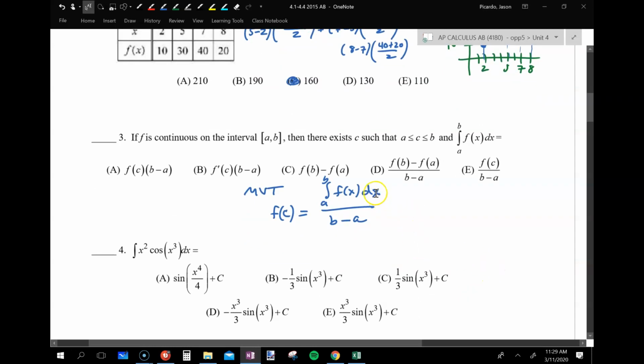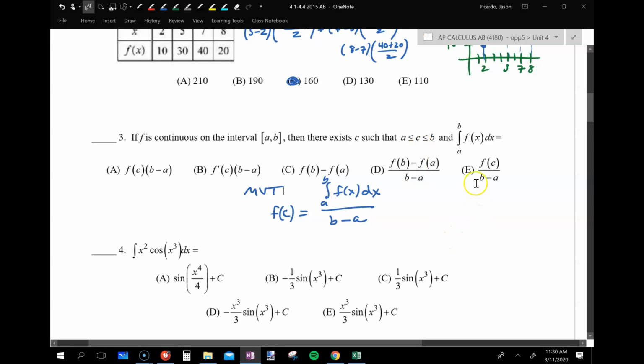That's just a straight up mean value theorem definition, right? And again, think about how this works, Evan. What does this do? This accumulates all of the values from a to b, and then I divide them by the difference of b to a, and that gives me the average value on that interval. What is f of c? F of c is some value that must be between what? A and b. I mean, it just makes sense when you think about it.